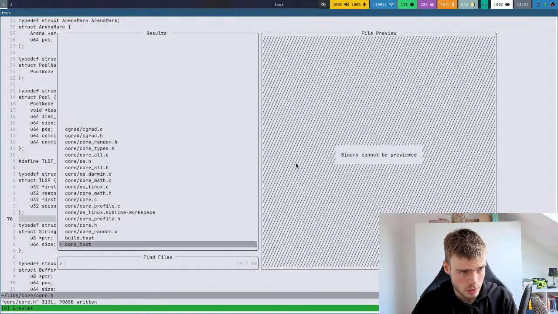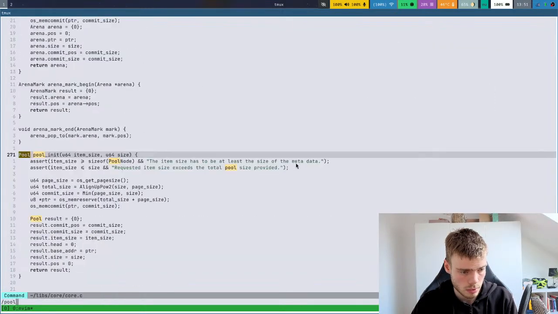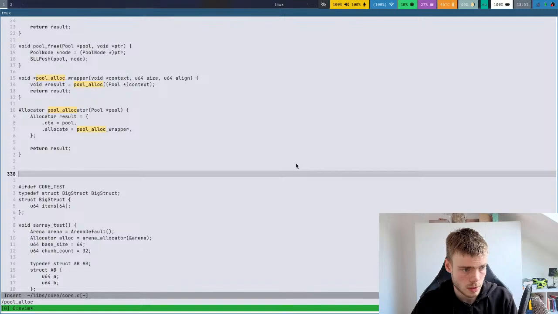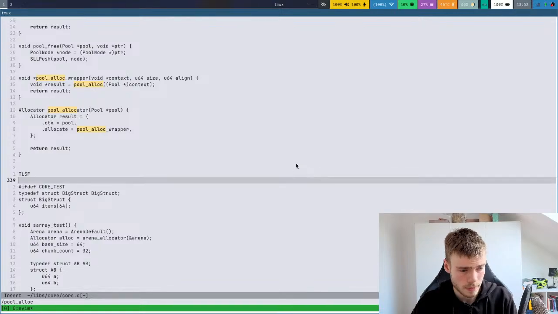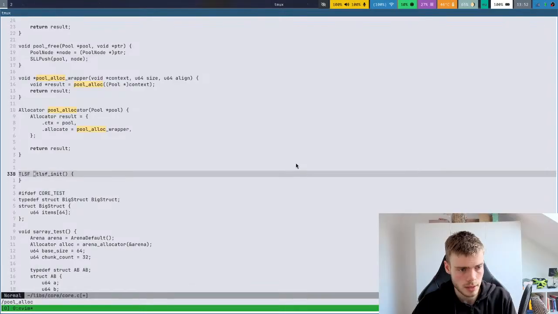Let's try to go into core. Go test. So let's start here. TLSF. Should we? I don't know. Maybe. So TLSF, TLSF init, create.